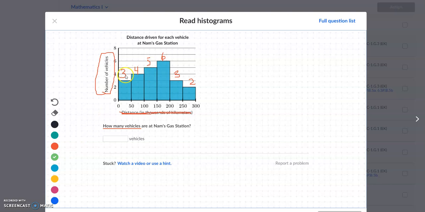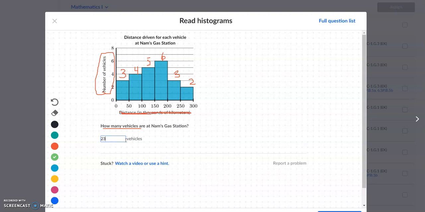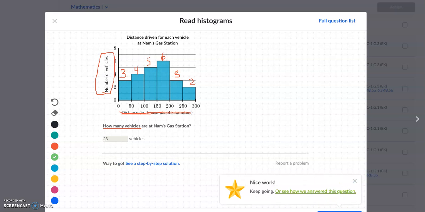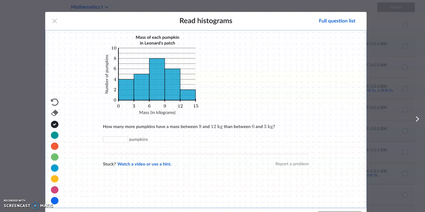That's 3 plus 4, which is 7, plus 5, which is 12, plus 6, which is 18, plus 3, 21, 22, 23. It's always a good idea to check that with a calculator when you're doing all that math in your head, or maybe add it up a different way to see if it works. But let's check the 23. We're all right. Good job, us.